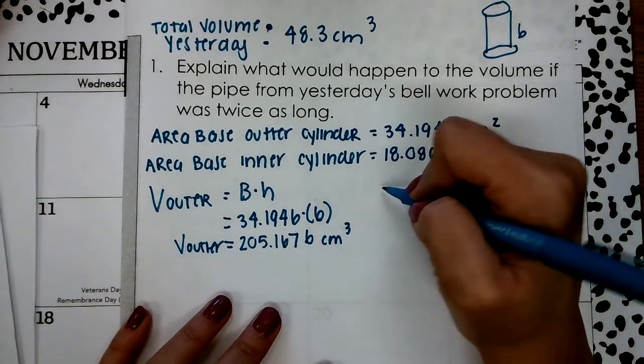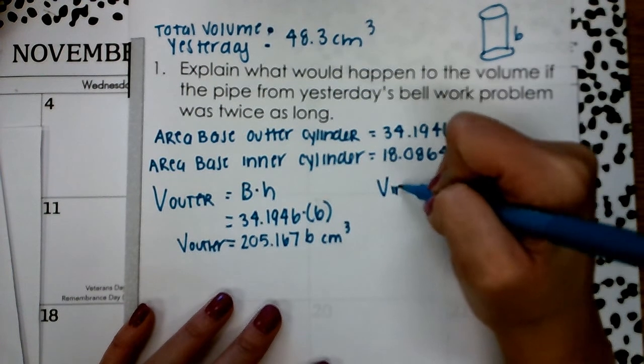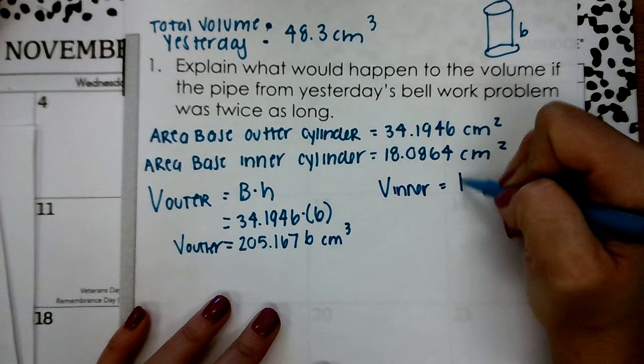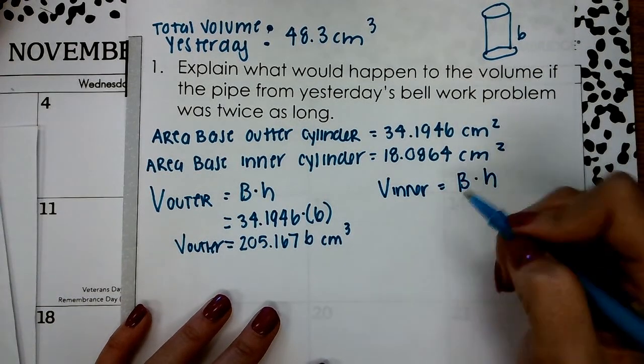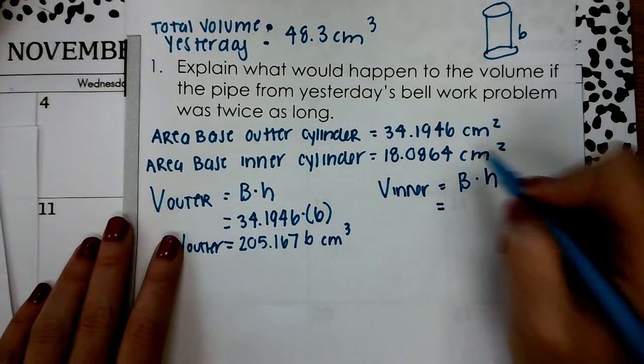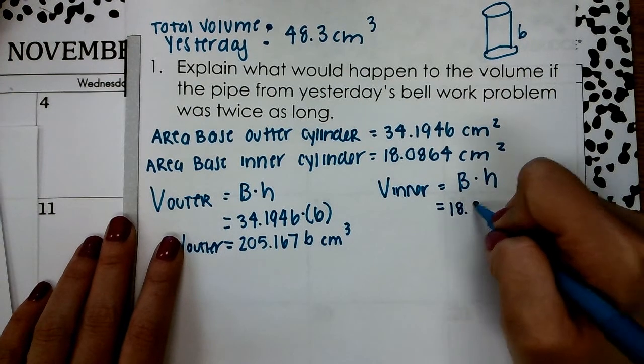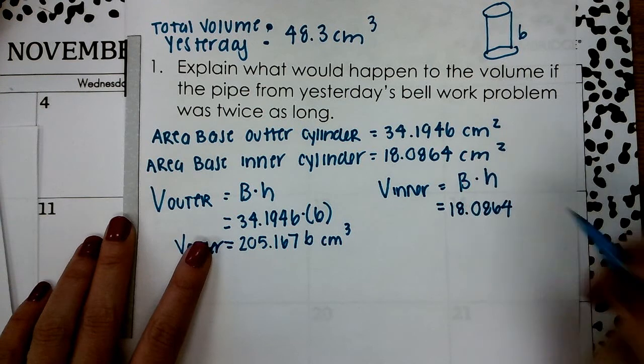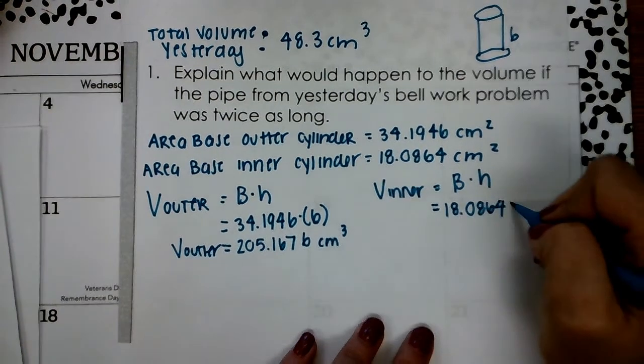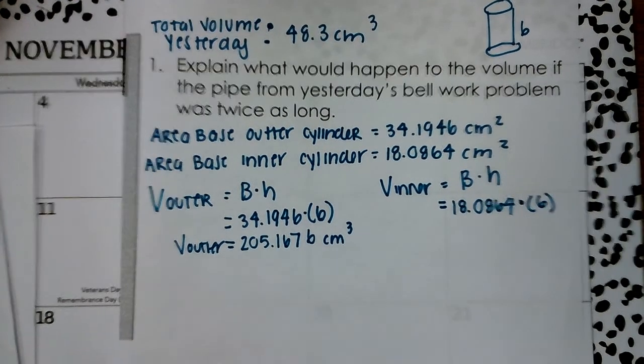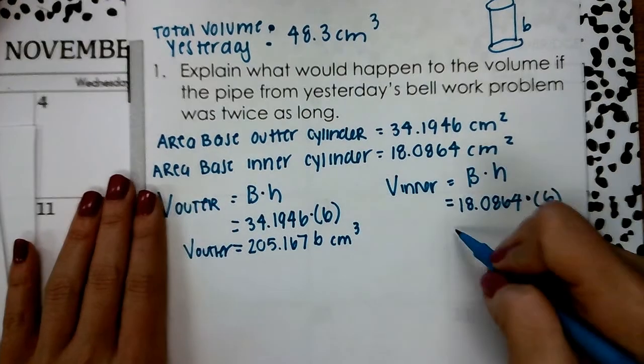Then the volume of our inner cylinder is equal to the area of the base times the height. We know that the area of the base for the inner cylinder is 18.0864 centimeters squared, and the height is 6 because we're doubling yesterday's height of 3.